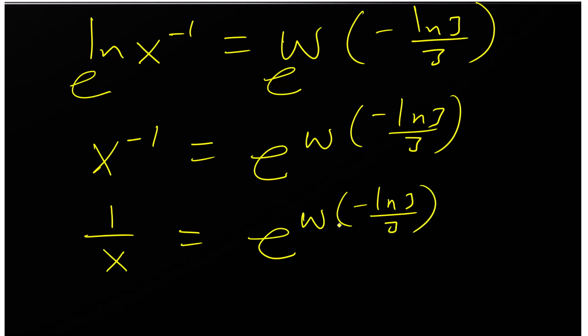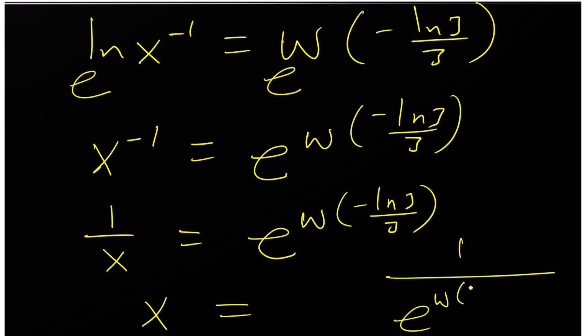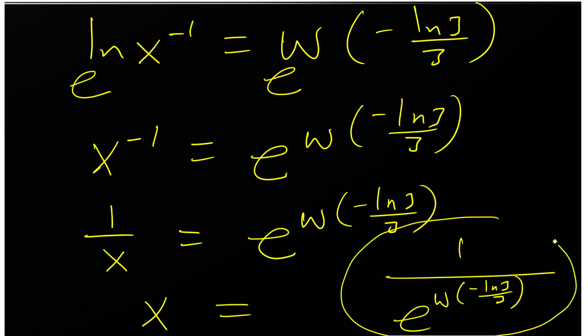So we can make this side over 1. Therefore, my final answer will be 1 over e raised to W function of minus ln of 3 on 3. When you plug this in Wolfram Alpha, the approximate value for x will come. All right, thanks for watching.